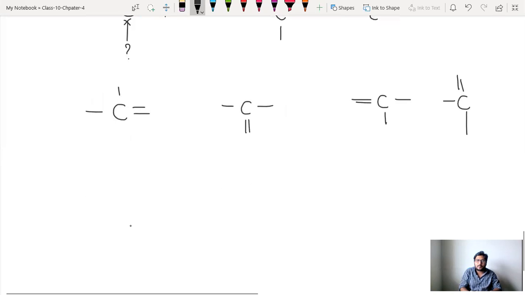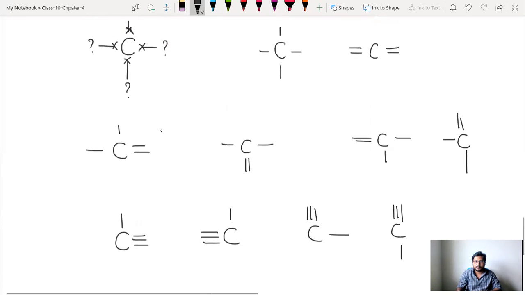If you want to represent a triple bond, that is also possible: 1, 2, 3, and the fourth valency. Carbon with 3 valencies and a fourth valency. Whatever the direction, whatever the place, you can represent it.